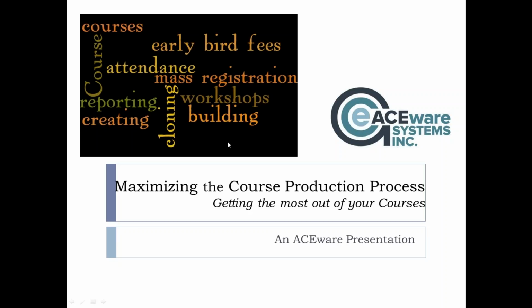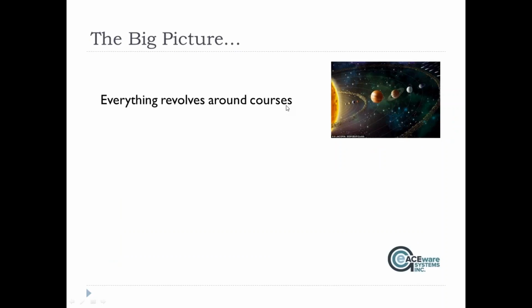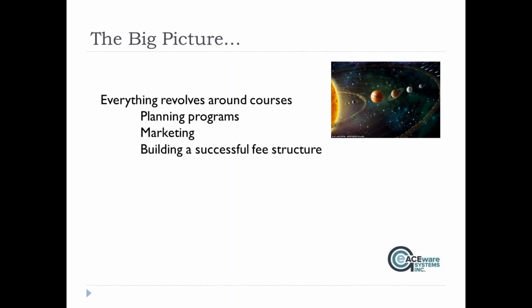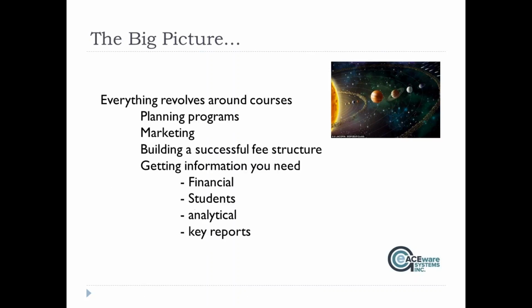Well, welcome everybody, and again, this is a little different take. We've done this before, but we want to look at the big picture of what we're talking about with courses. Sun, moon, and the universe, everything revolves around courses in our system. Planning your programs, helping get your marketing set up, building a successful fee structure, getting the information you need.